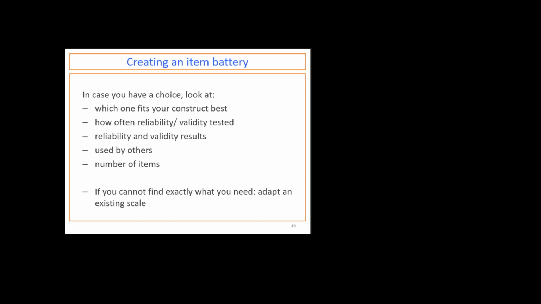So if you already have a big questionnaire with 50 questions and you want to add a scale, don't add a scale with 30 more questions, for example, because that will reduce the reliability of the answers, because people have to fill in a very long questionnaire. So then you might consider choosing a scale that has a little bit less items. And if you cannot find exactly what you need, then you might consider adapting an existing scale.